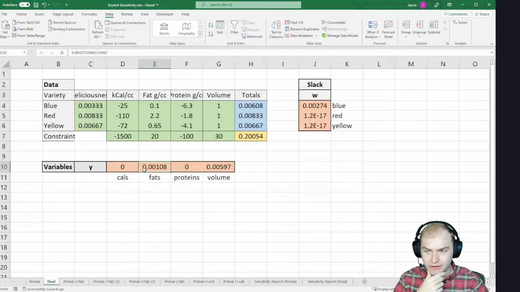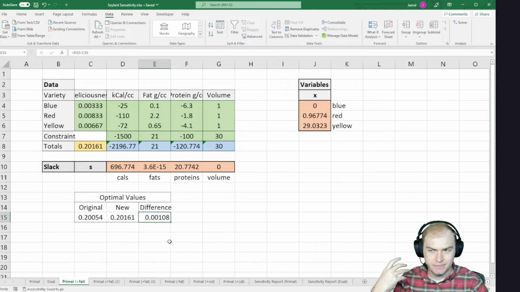So our dual variable indicates how much increasing the right-hand side of that constraint helps or changes the objective function value of that current basis. And that basis, the word basis is going to be important in a second.